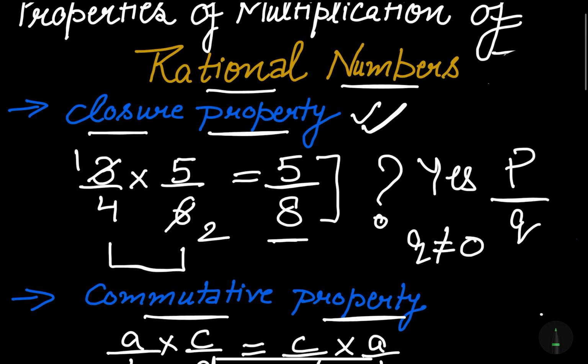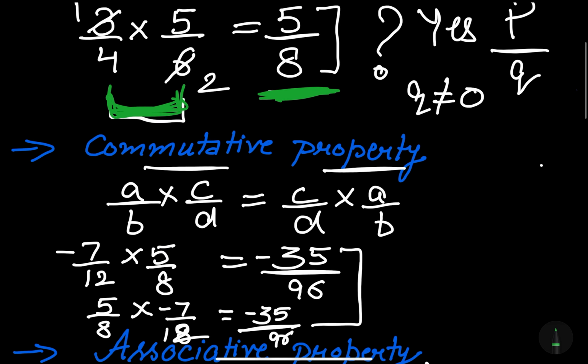Let's start recalling once again from the first property. What was the first property? Closure property. What this closure property says is that whenever we multiply two rational numbers, the answer we get after multiplication is also a rational number. Let's move to the next. What is the next property? Commutative property.